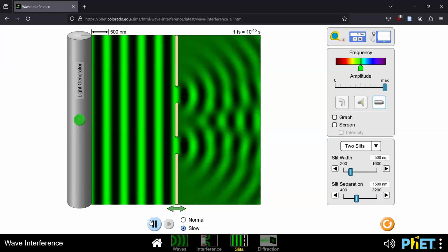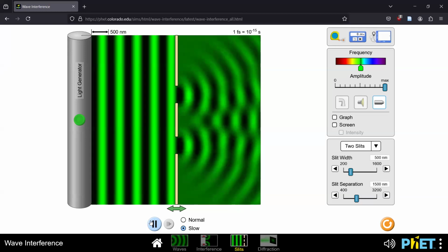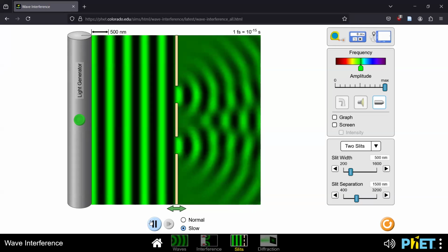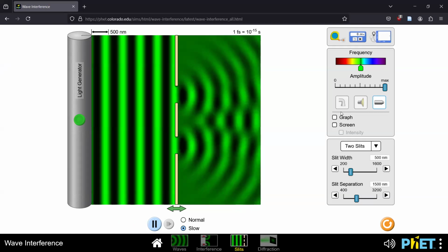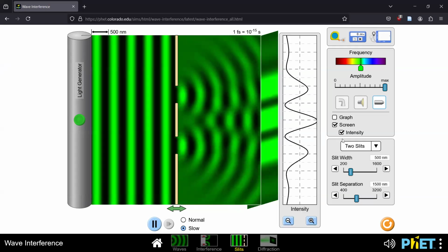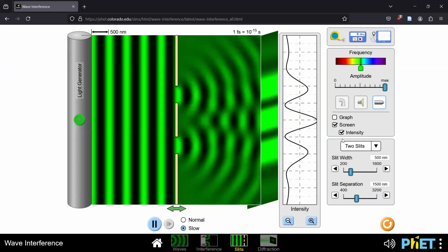Imagine we have a screen here, a detector. What do we see? The intensity pattern on the screen. So let me turn that on. So what we get are these fringes.